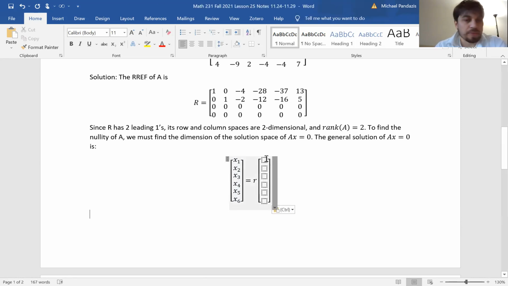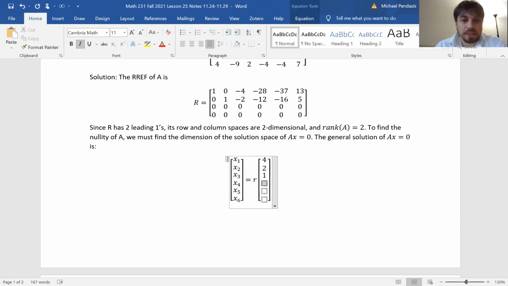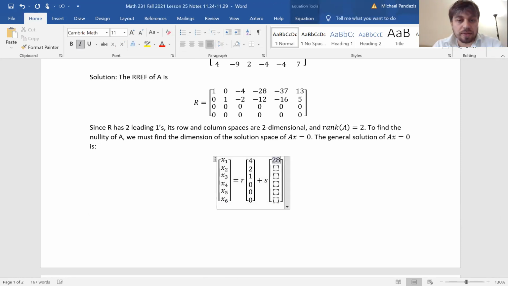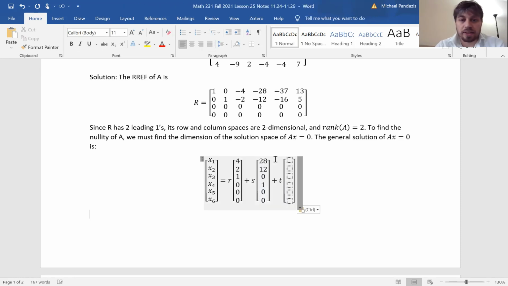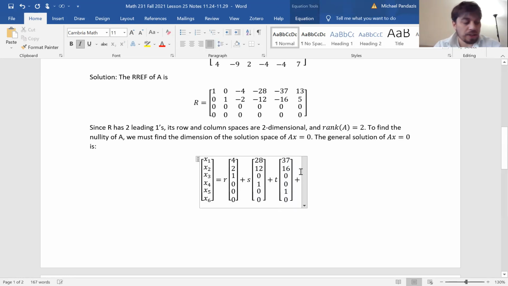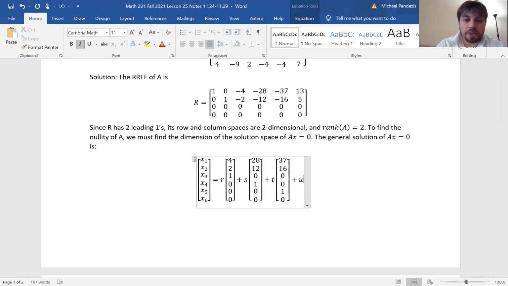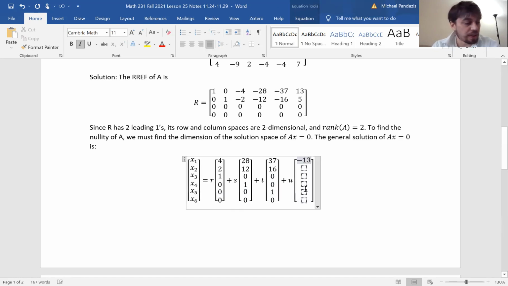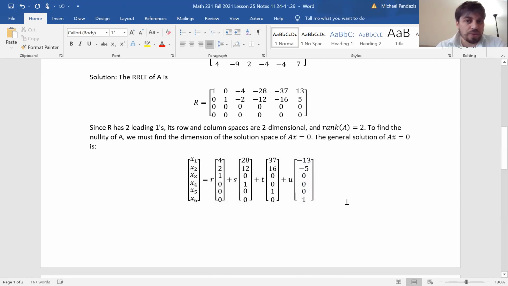This is equal to r times (4, 2, 1, 0, 0, 0), plus s times (28, 12, 0, 0, 1, 0, 0), plus t times (37, 16, 0, 0, 1, 0), plus u times (-13, -5, 0, 0, 0, 1). So that's the general solution of AX equals 0.